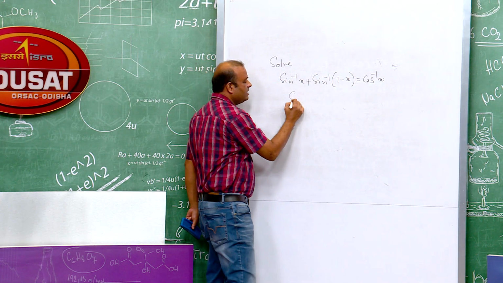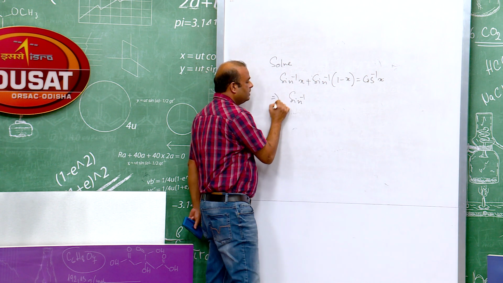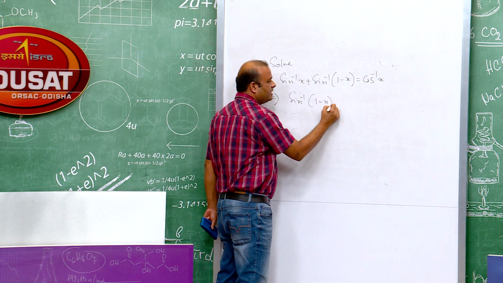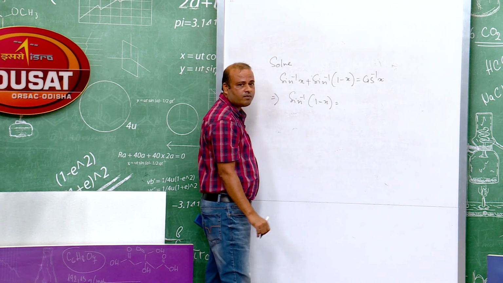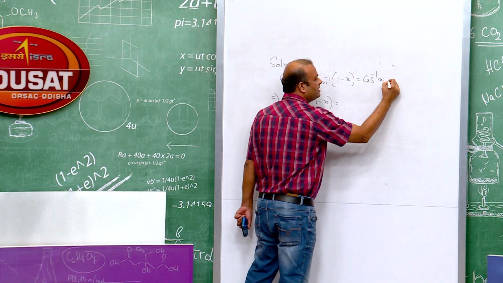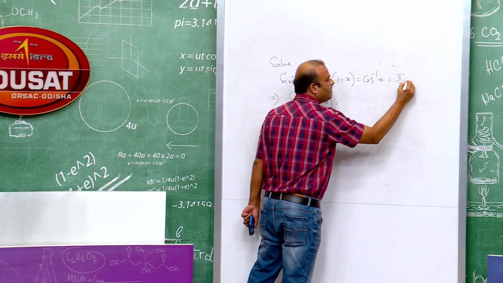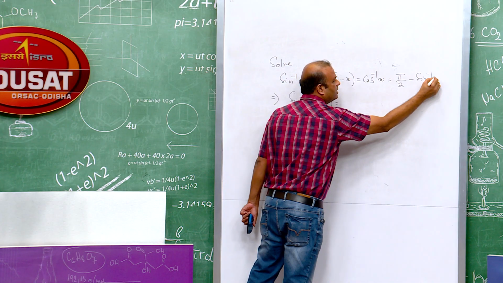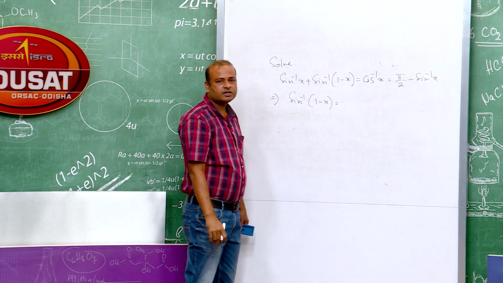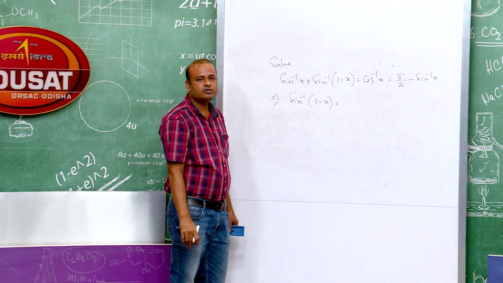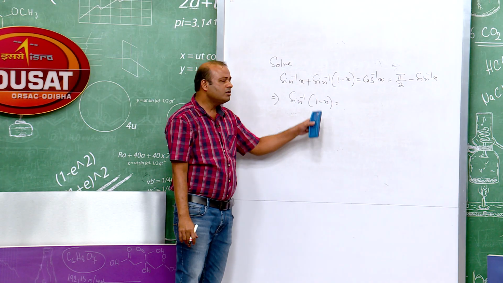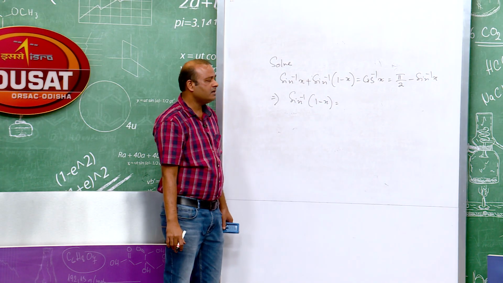Now take sin inverse (1 minus x). You can write this as pi by 2 minus sin inverse x, because you know sin inverse x plus cos inverse x is equal to pi by 2. So cos inverse x is pi by 2 minus sin inverse x.